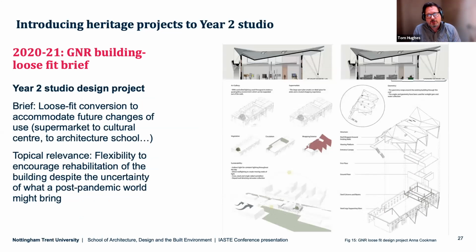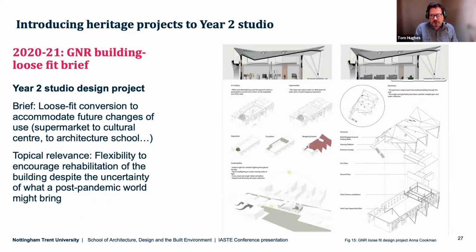So the most recent iteration of the project, then the fourth year that we're running it, we again used the GNR building, but finding a live client and indeed visiting the site live was very difficult under the pandemic conditions. So we instead evolved a loose fit brief. So this was really about saying we don't know what's going to happen to the economy, society, everything after the pandemic.